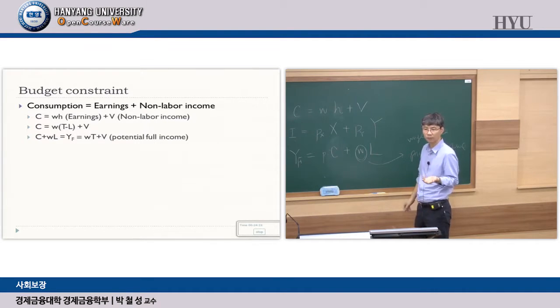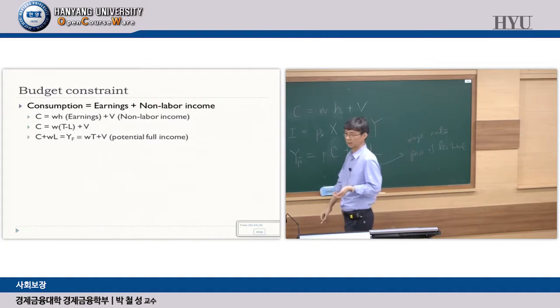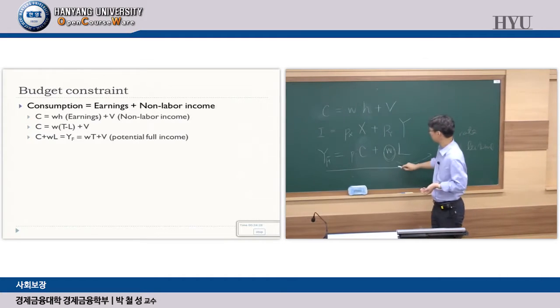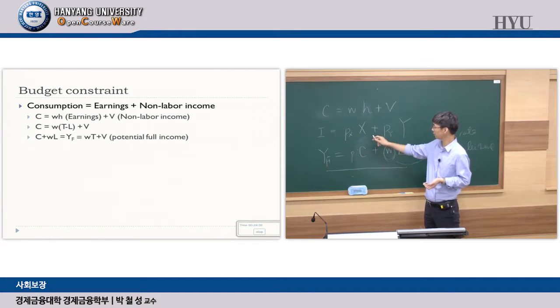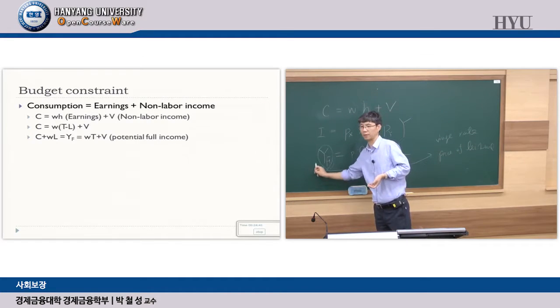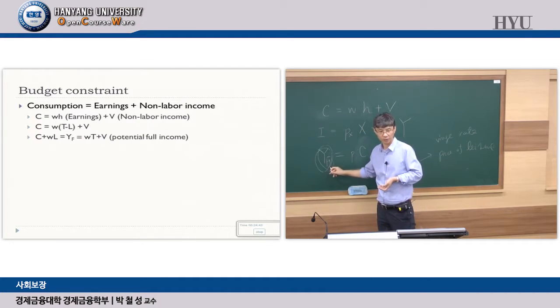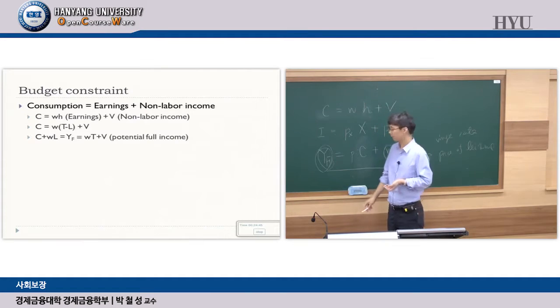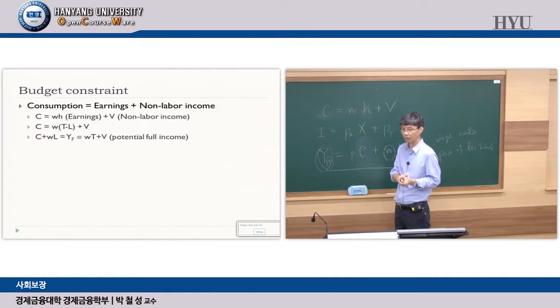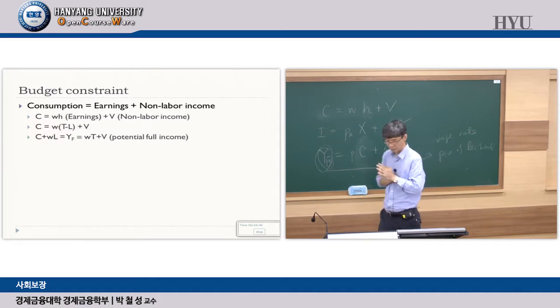It's basically the same thing. Get it? This is the same structure as this budget constraint, but here we use YF, the hypothetical potential full income. Questions?